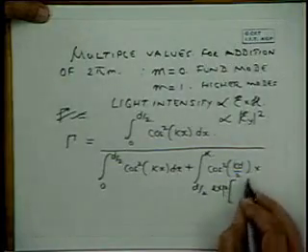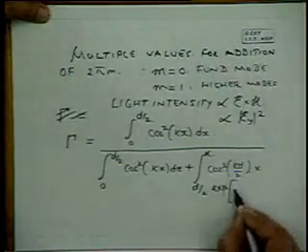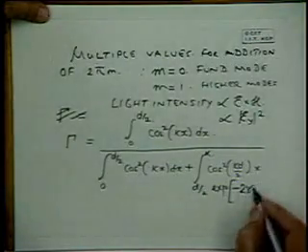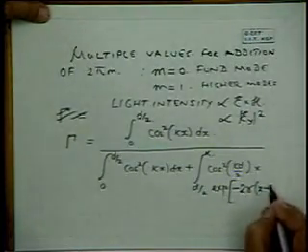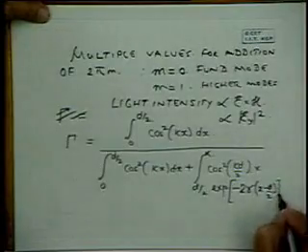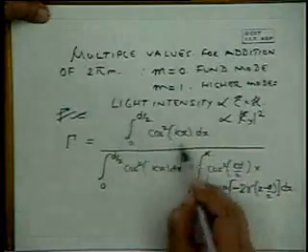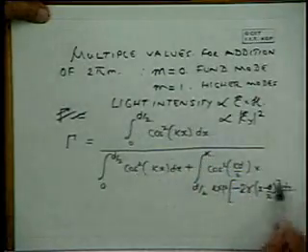Since it's squared, instead of gamma you get minus twice gamma, x minus d by 2, dx. This is the intensity within the active region, and this is within the cladding.